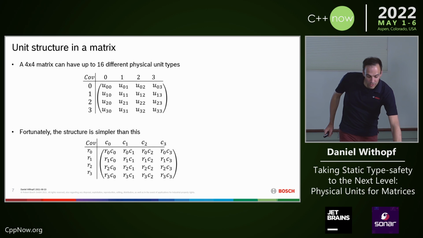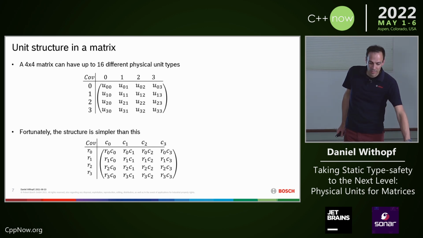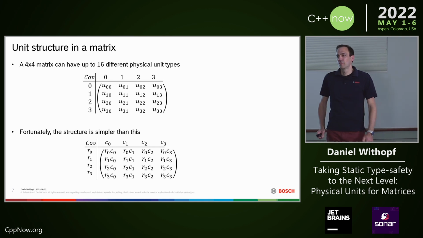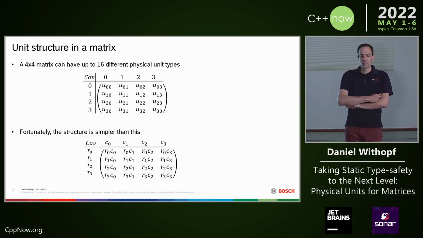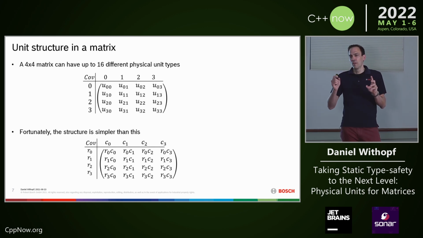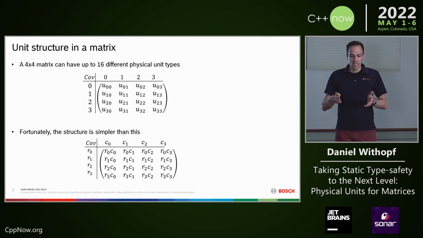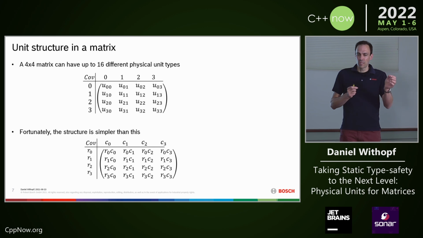Fortunately, that's also a result from the book. The unit structure in matrices is simpler than this. You don't have 16 completely independent entries in your 4x4 matrix. You have 4 row units and 4 column units. And if you have this, then all the units in the individual elements are simply a combination of the respective row unit and the respective column unit.